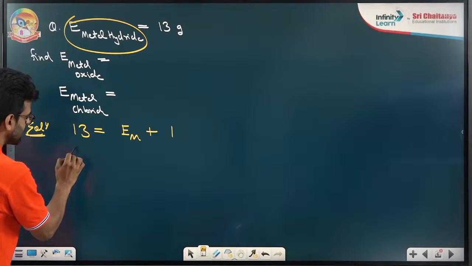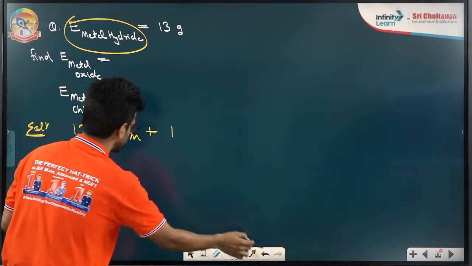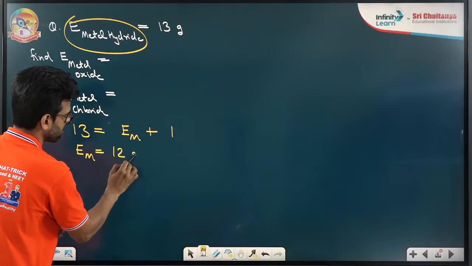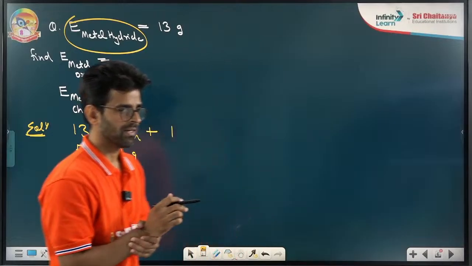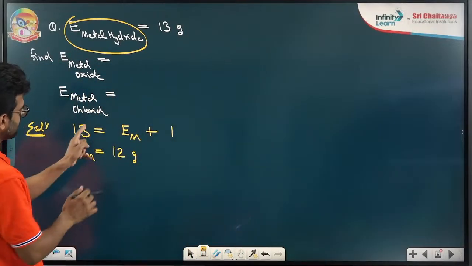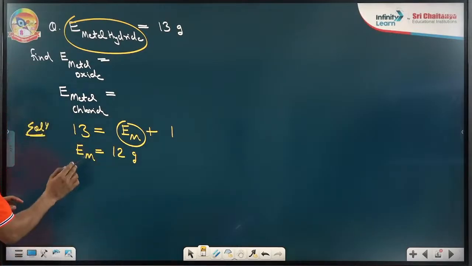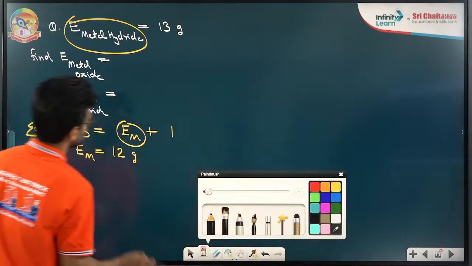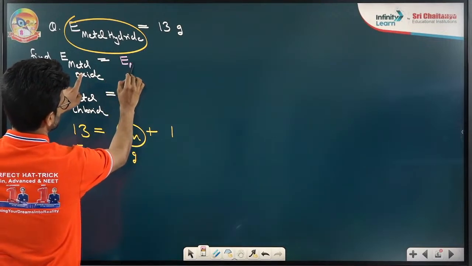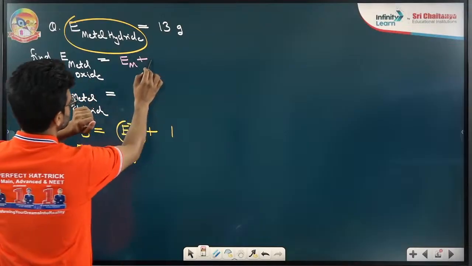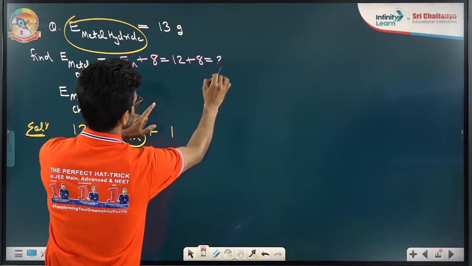From here I can say the EM value is coming 12 gram. Now from here I can say very easily that the equivalent weight of metal oxide is EM plus, for oxygen, 8. It is 12 plus 8. How much is coming? 20 gram.